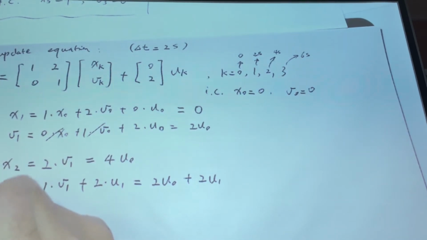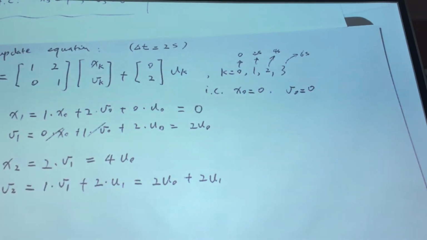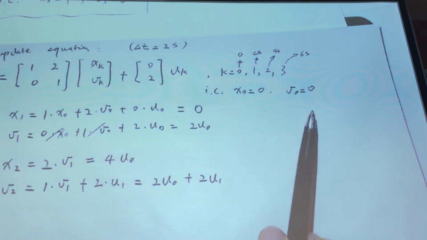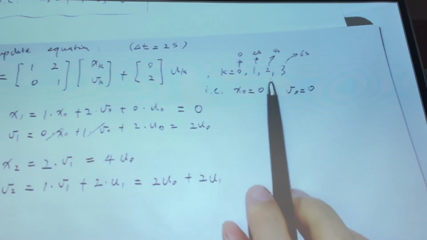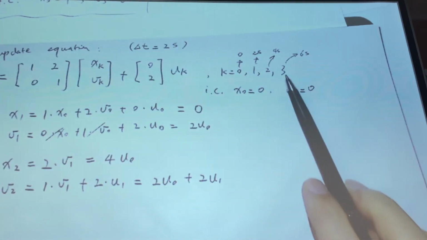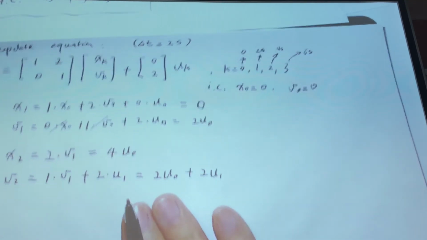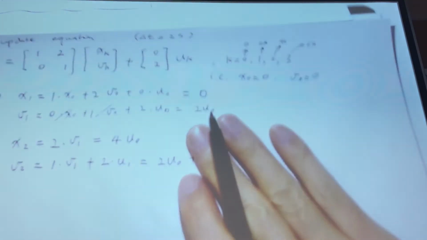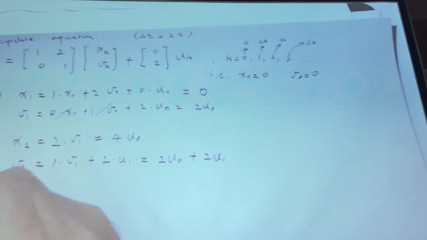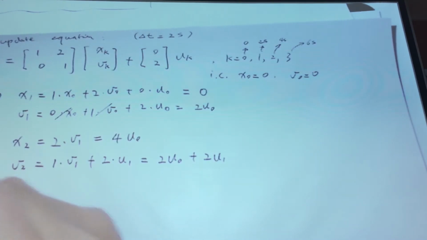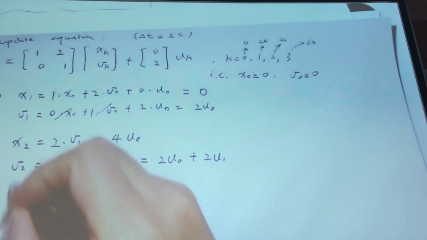So for k equal to 2, we can determine the final state at t equal to 6. This will give us the final state, which is given by the final conditions.